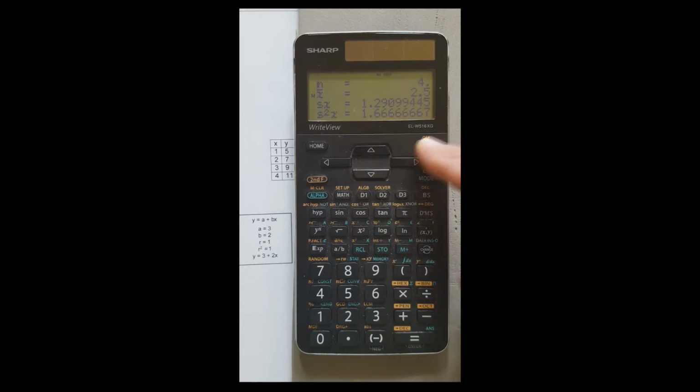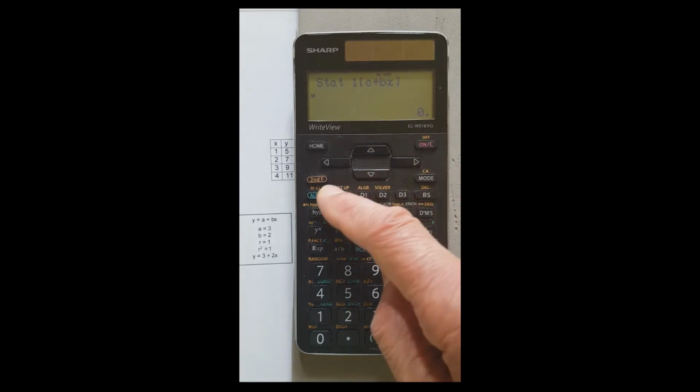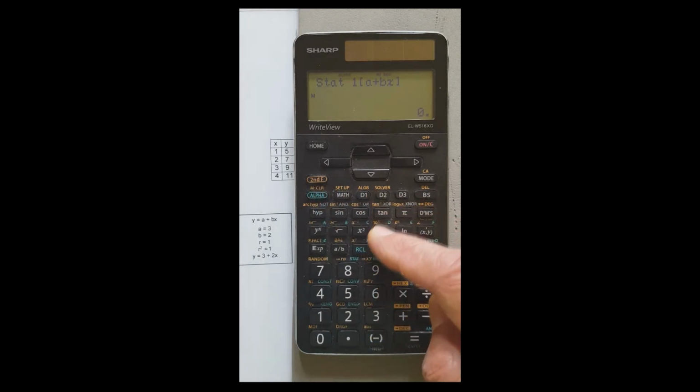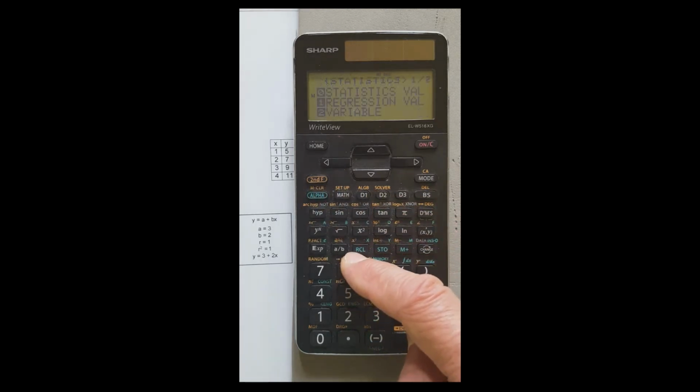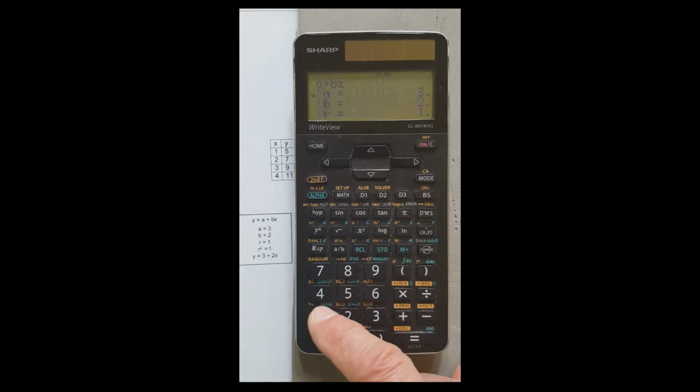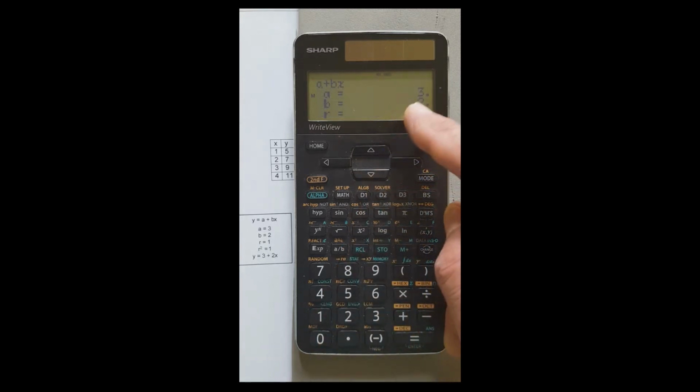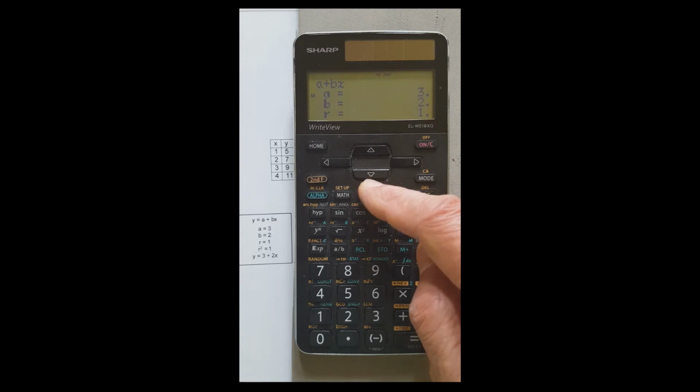We'll clear that and go alpha stat again. This time we'll choose number 1, regression variables. This will give you the regression coefficients of the equation of the line. A and B and R, and if you scroll down, R squared.